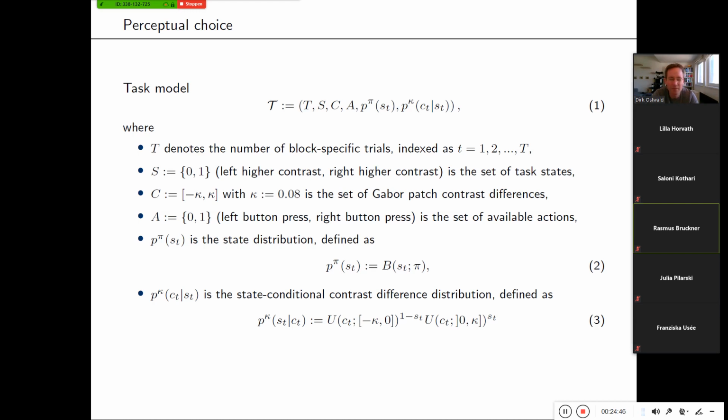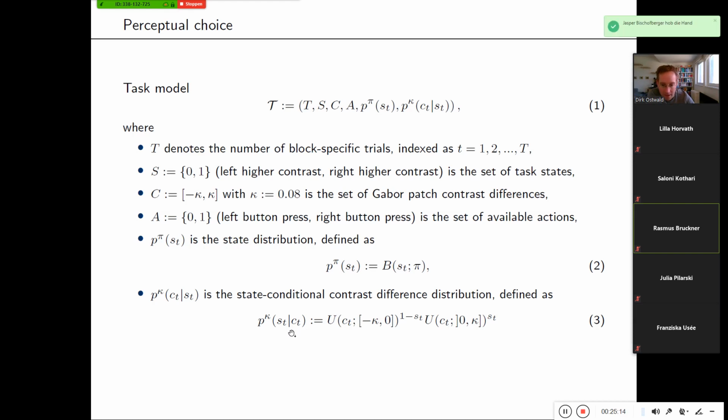To be completely correct, they were discretely uniformly distributed. We assume here that they are continuously uniformly distributed, and I think there were like 120 values, maybe even 32 or so. Ask Rasmus. We assume that it's uniform because otherwise it's just a little bit annoying and it doesn't really make much of a difference at all.